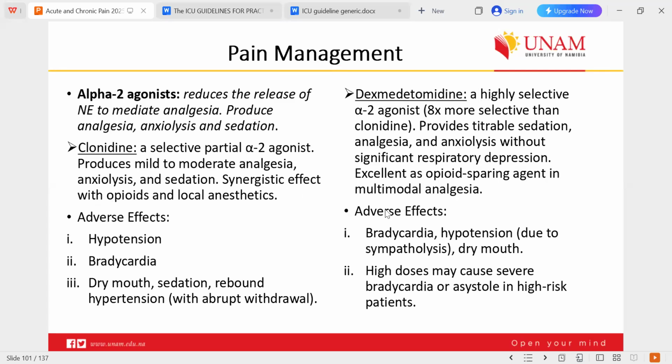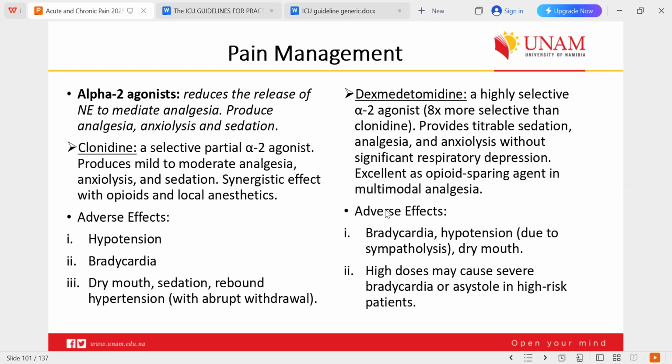So the alpha-2 agonist helps to reduce the release of norepinephrine. Remember that norepinephrine is one of our neurotransmitters in the pain pathway. So reducing the release of norepinephrine helps to mediate analgesia while producing anxiolysis and sedation.